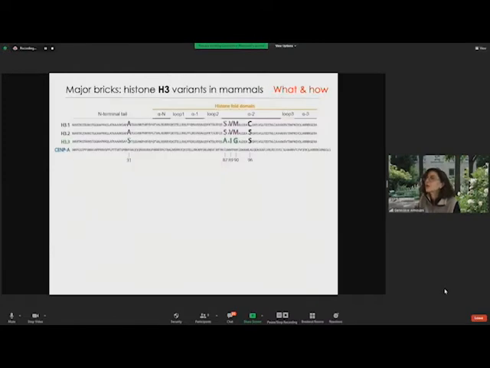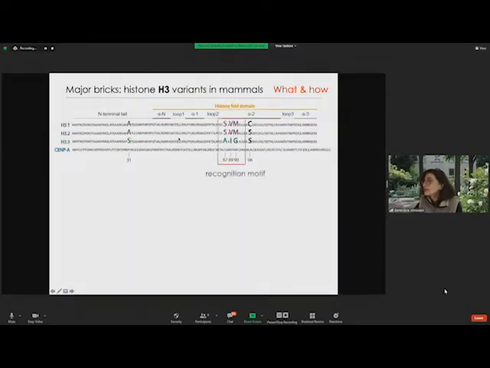If we get back to the variants and their differences, you can see that in the histone fold domain there are major differences: an amino acid motif in the replicative variant that we call SVM, which differs from the AIG found in the H3.3 variant. And in the amino-terminal tail, at position 31 there is a difference, with an alanine replaced by a serine in H3.3.